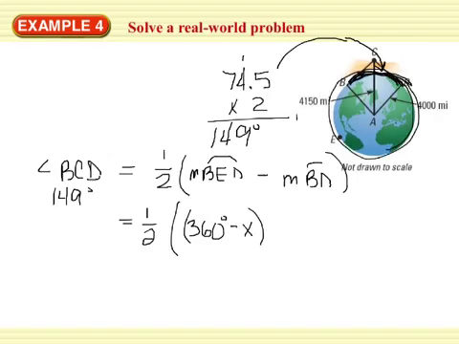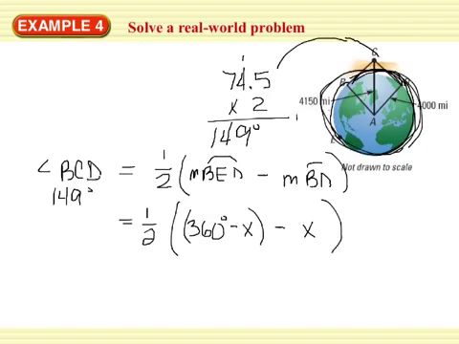I assigned it a variable. No big deal, right? So BED would be the whole circle, which is 360 degrees, take away BD. Crazy, I know, but watch, it'll all work out. It's a really good trick, which you actually need to know.